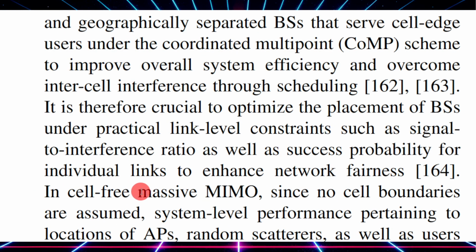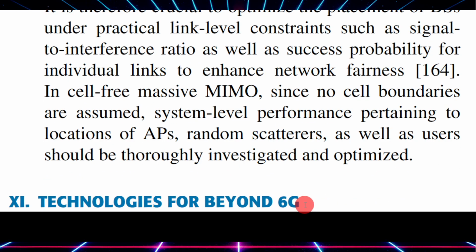It is therefore crucial to optimize the placement of base stations under practical link level constraints such as signal to interference ratio, as well as success probability for individual links to enhance network fairness.